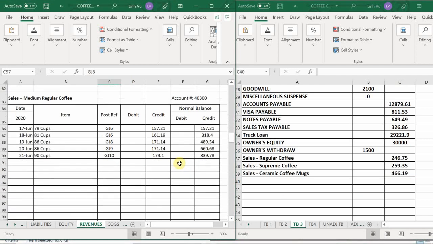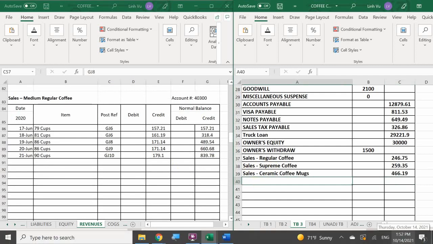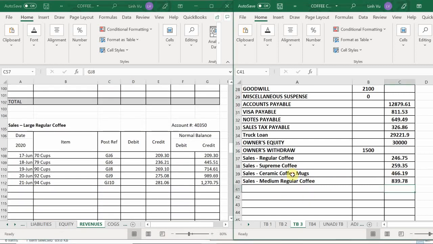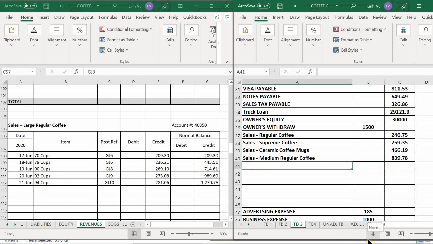All right. Then we have sales medium regular coffee. We have sales regular coffee for 1,200.75. Okay.